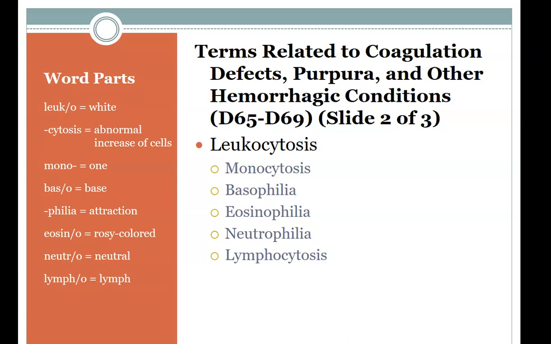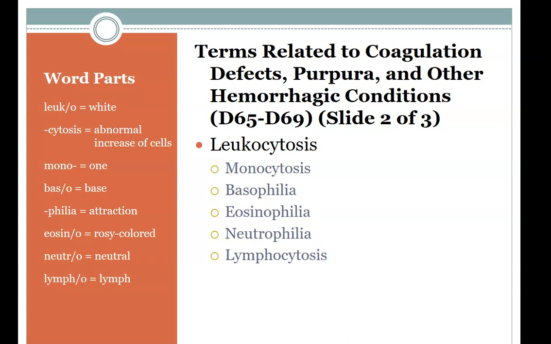Okay, leukocytosis is an abnormal increase of white blood cells. The suffix cytosis means abnormal increase of cells. Abnormal increases in each type of granulocyte are termed eosinophilia, basophilia, and neutrophilia.